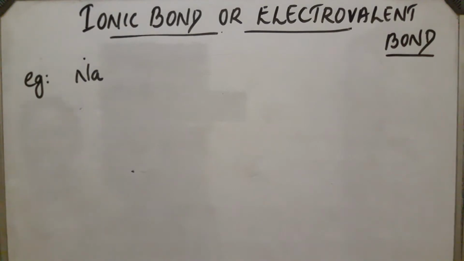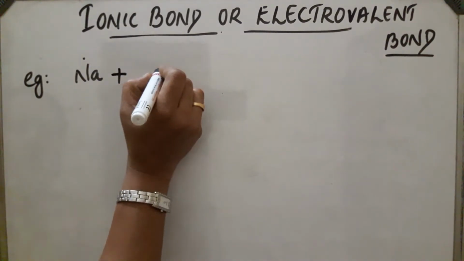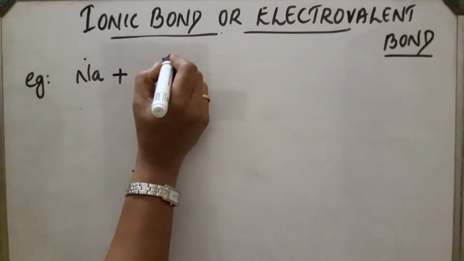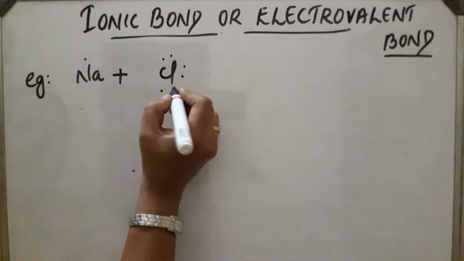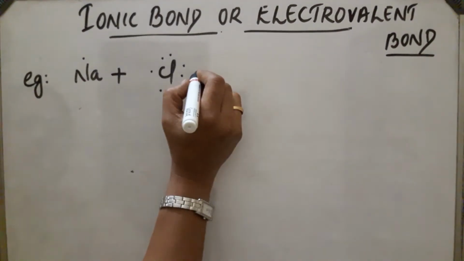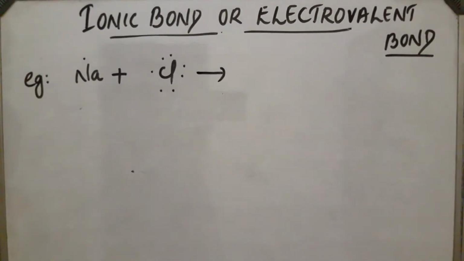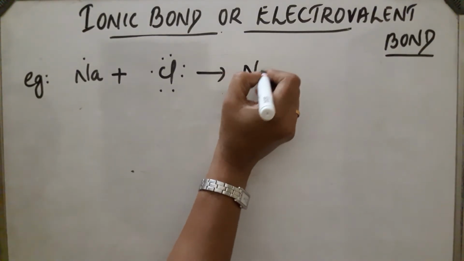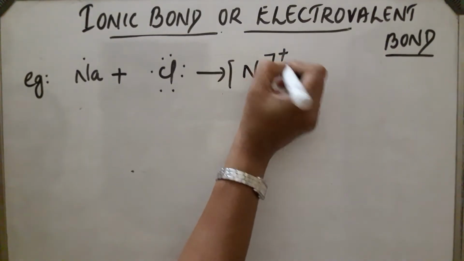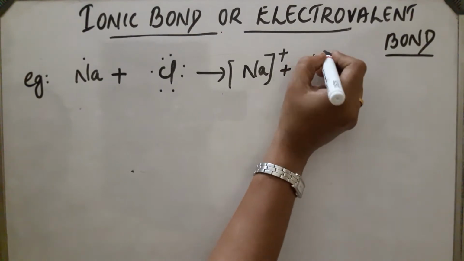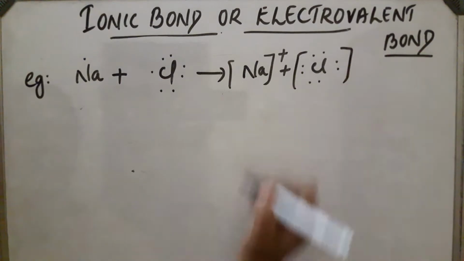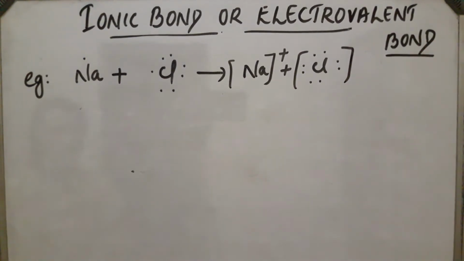This is the Lewis symbol. Plus chlorine. Chlorine contains 7 electrons in its outermost shell. Okay, so here sodium loses its electron and chlorine gains that electron. So sodium gets a positive charge and chlorine gets an octet electronic configuration, so 8 electrons in the outermost shell.